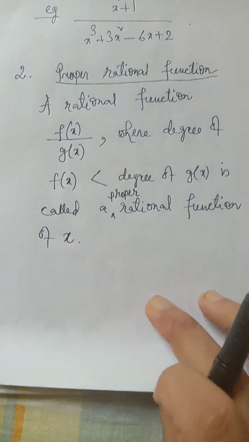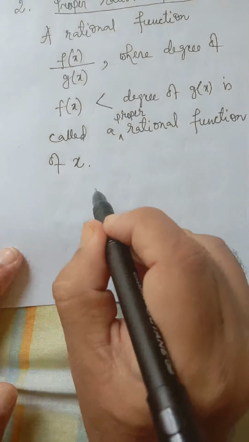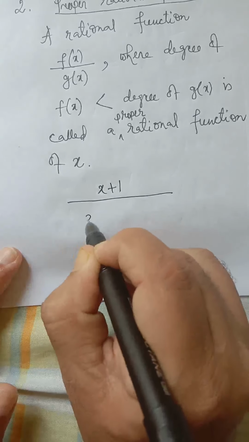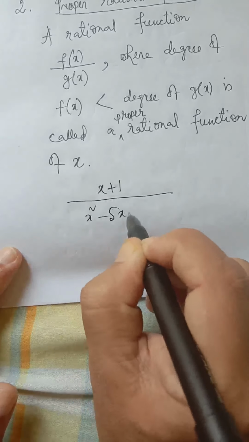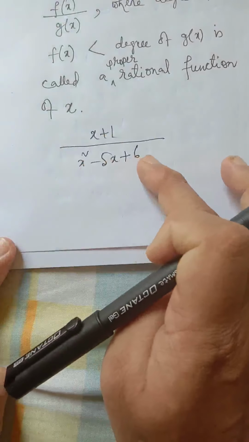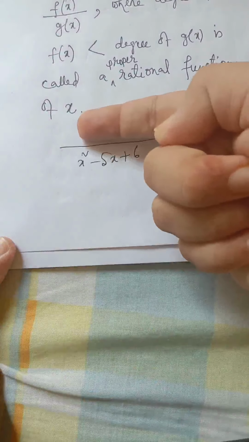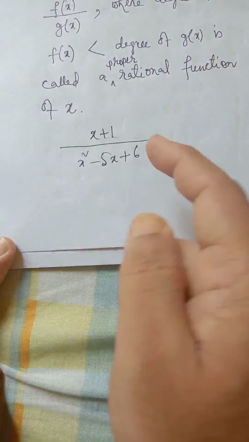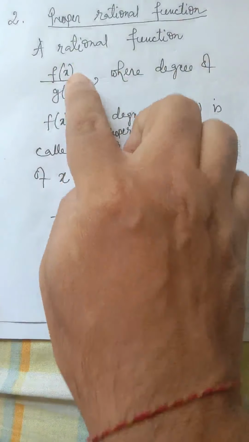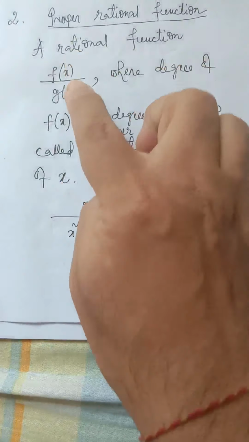For example, (x plus 1) divided by (x square minus 5x plus 6). Here degree of numerator is 1 and degree of denominator is 2, so this is a proper rational function.